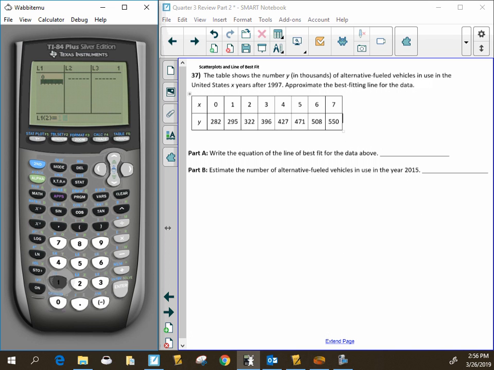So the x's go in L1, and the y values go in L2. Once again, we're just plugging the values in.